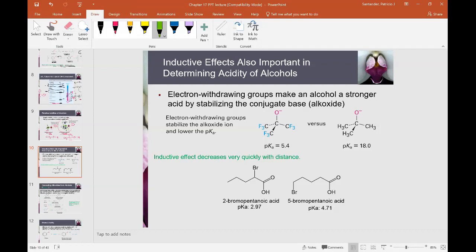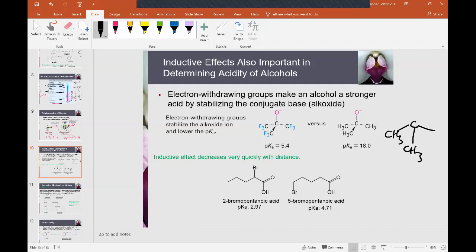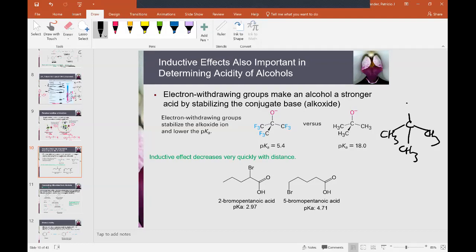For instance, here, the pKa value for tert-butanol, so tert-butanol is this. We have three methyl groups and an OH, and that is tert-butanol. The pKa value for tert-butanol is 18.